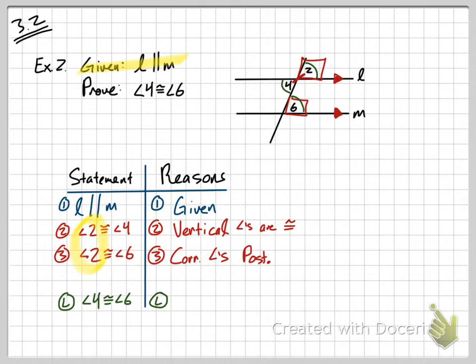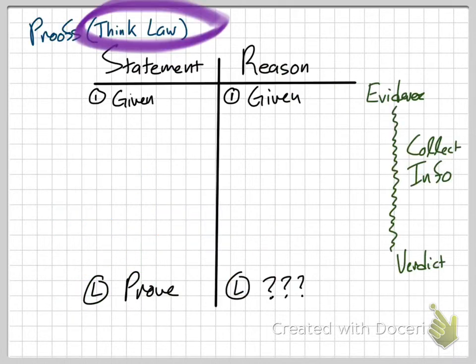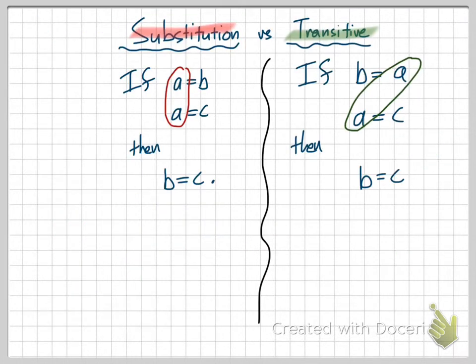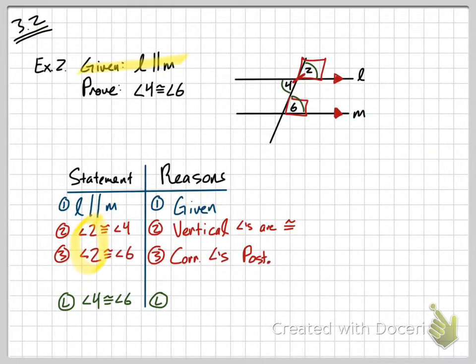And we can go back and look at our substitution property. It's very similar to the 2 A's. What we can do is substitute B and C into each other to where we get angle 4 and angle 6 being congruent to each other. And our reasoning is by substitution.